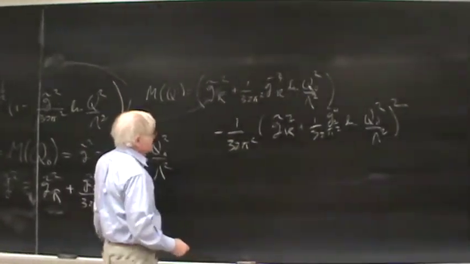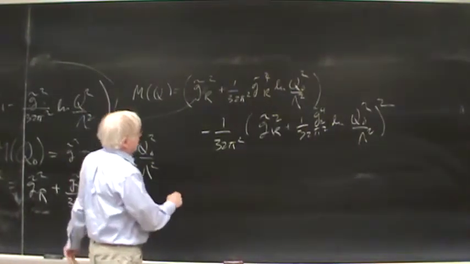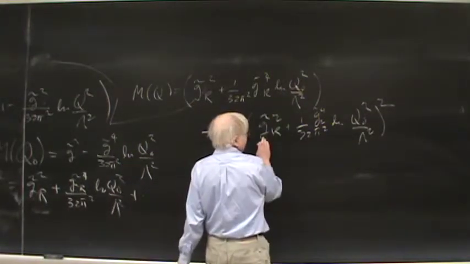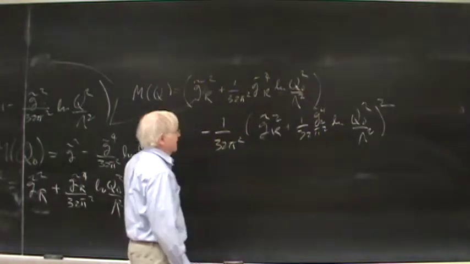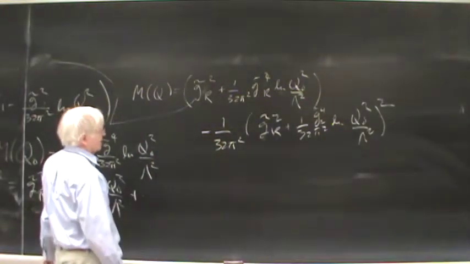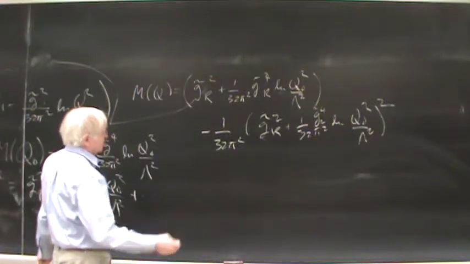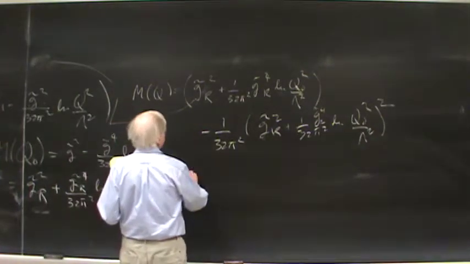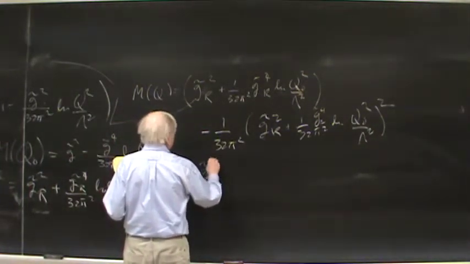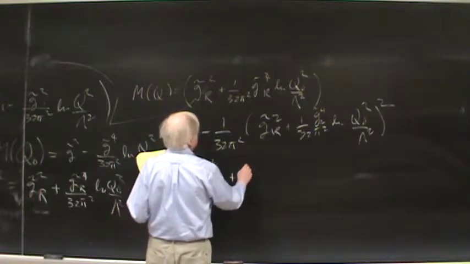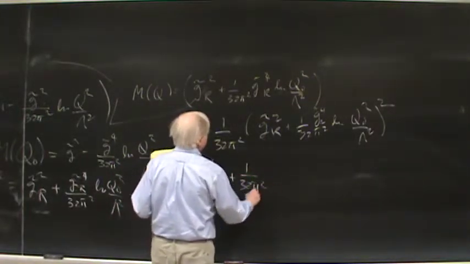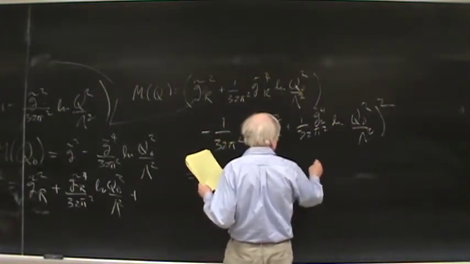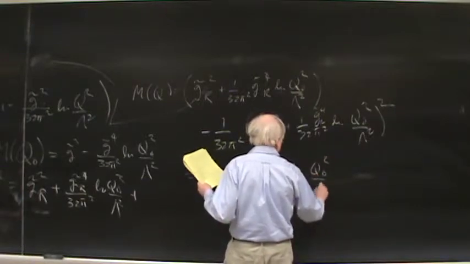Okay, at that point, expanding just to order G to the 4th, what we get is this, and then we get this term and that term, and we ignore that term, because that would be the order coupling constant to the 6th term. And so that gives us G tilde squared renormalized plus 1 over 32 pi squared G tilde to the fourth renormalized.